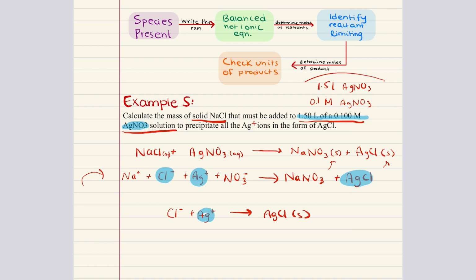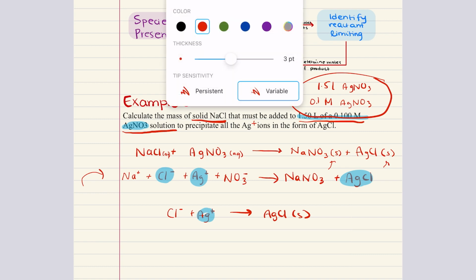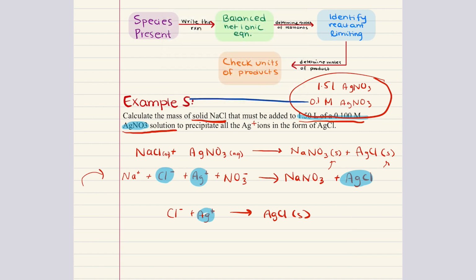Now, what this means is that we can equally and rightfully say that we actually have 0.1 molar silver concentration, and we have a 0.1 molar nitrate concentration. This is really important to recognize, right? This is soluble. It will dissociate into silver and nitrate.